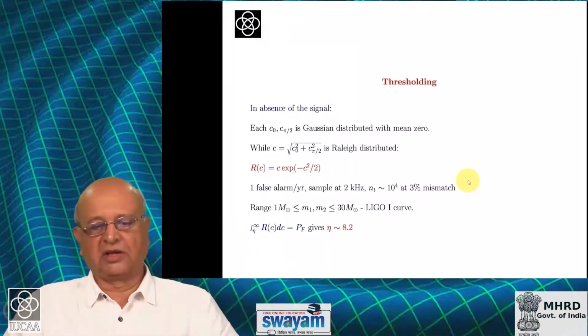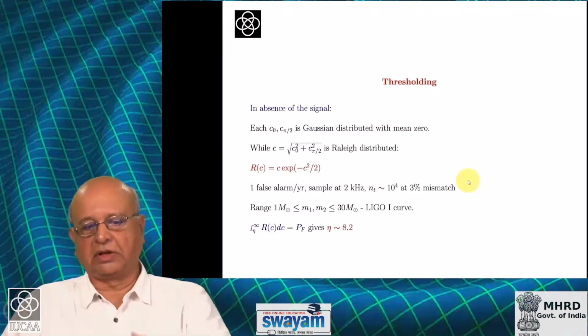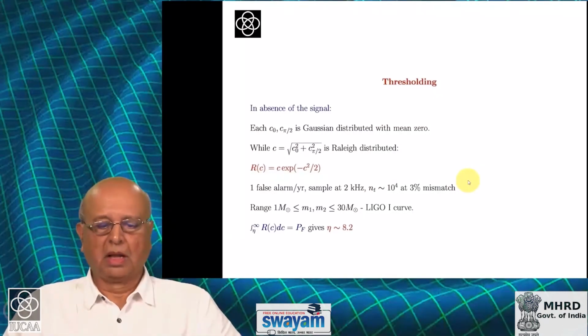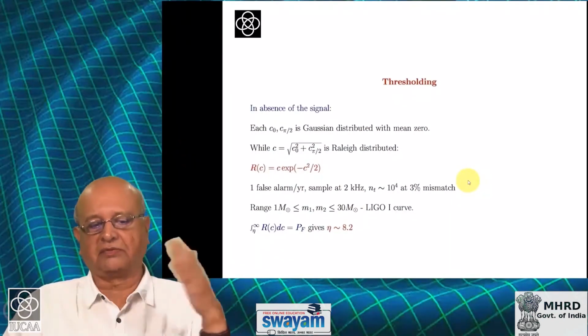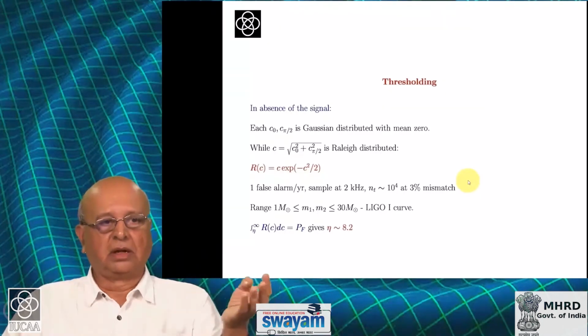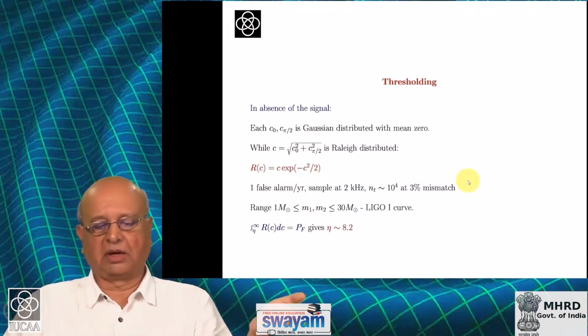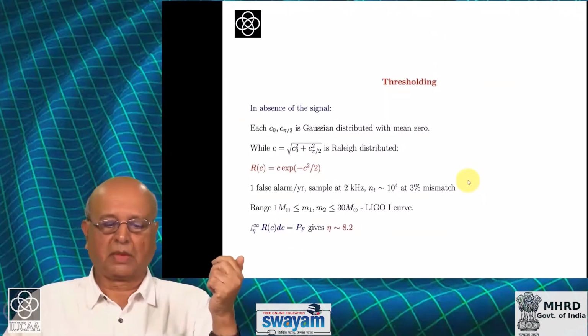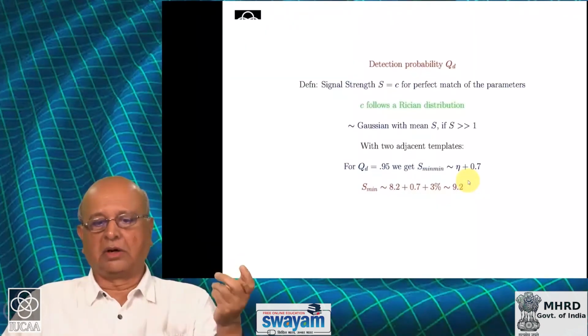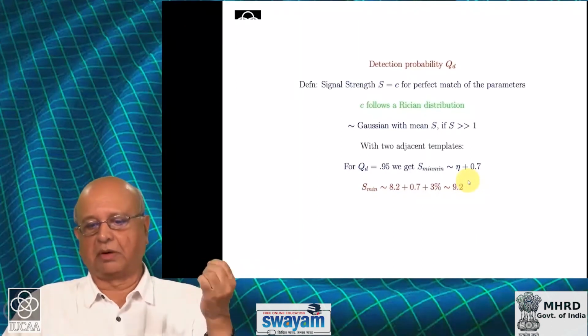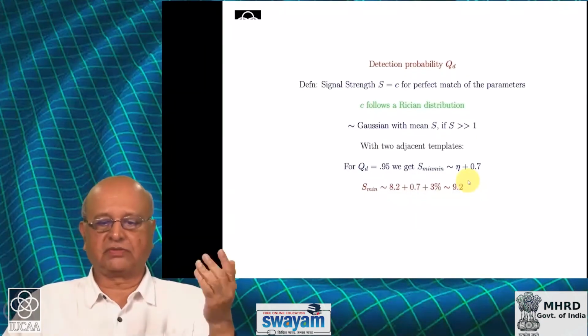All that analysis which I showed you is this. We are using the Neyman-Pearson criterion, and we are using maximum likelihood because there is a whole family of signals. The signals are distributed in the parameters: the time of arrival, amplitude, the phase and the masses. Then you have to calculate the detection probability. If the signal strength is C for a perfect match of the template, C follows a Ricean distribution if your noise is Gaussian.